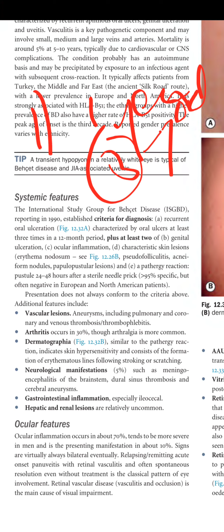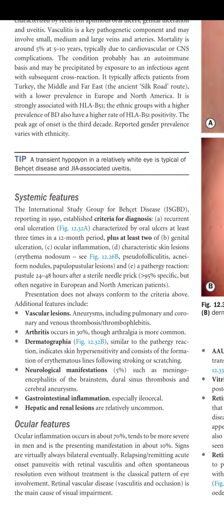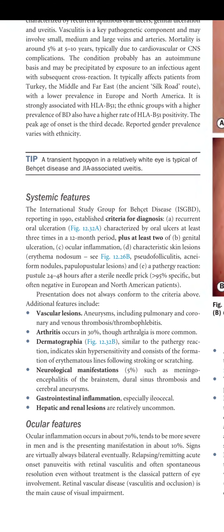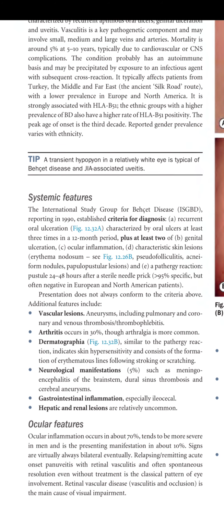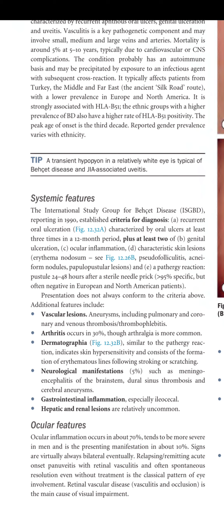Plus at least any two of these. Number one, genital ulceration. Number two, ocular inflammation. Number three, a characteristic skin lesion: erythema nodosum, pseudofolliculitis, acneiform nodules, papulopustular lesions. And number four is a pathergy reaction.